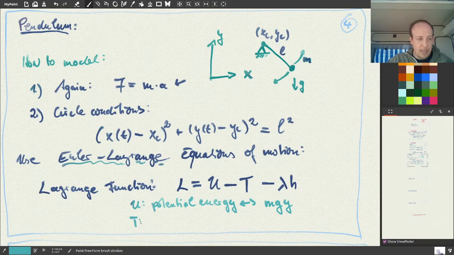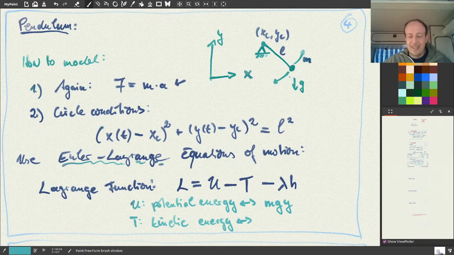Then there is the T, which is the kinetic energy, and for the pendulum, it's the energy that comes from the movement. So if this moves fast, then it has a high kinetic energy.